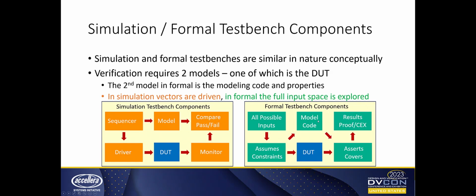So the second model in formal really is the modeling code and the assertions that are being checked. And of course, given some input stimulus, you're getting a proof or a counterexample as the result out of the formal run itself. So the results are coming out of the properties, the assertions themselves. So conceptually, things are very similar between the two test benches. How they are implemented could be quite different, of course.